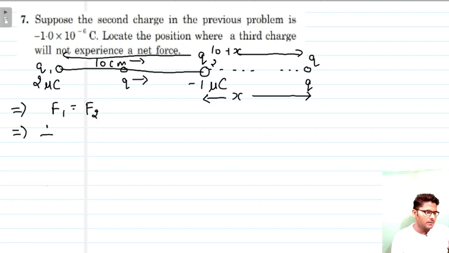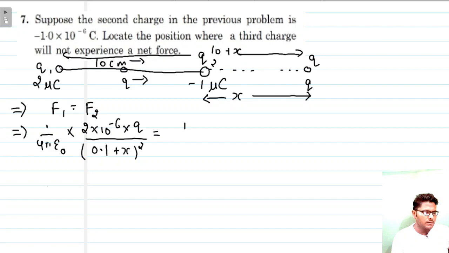So 1 by 4 pi epsilon naught into 2 into 10 raised to power minus 6 into Q over R square. The distance between them is (0.1 plus x) whole square, should be equal to 1 by 4 pi epsilon naught into 1 into 10 raised to power minus 6 into Q over the distance between them, x square.